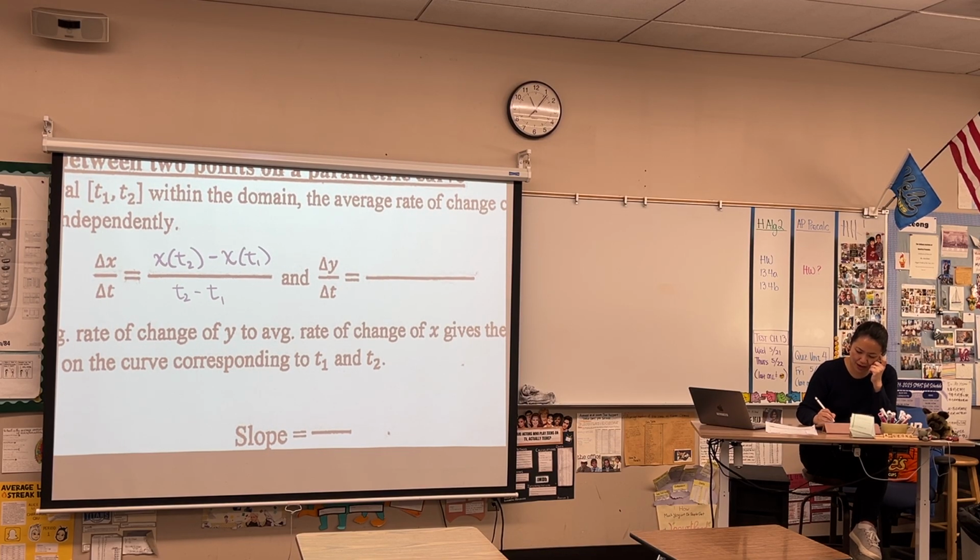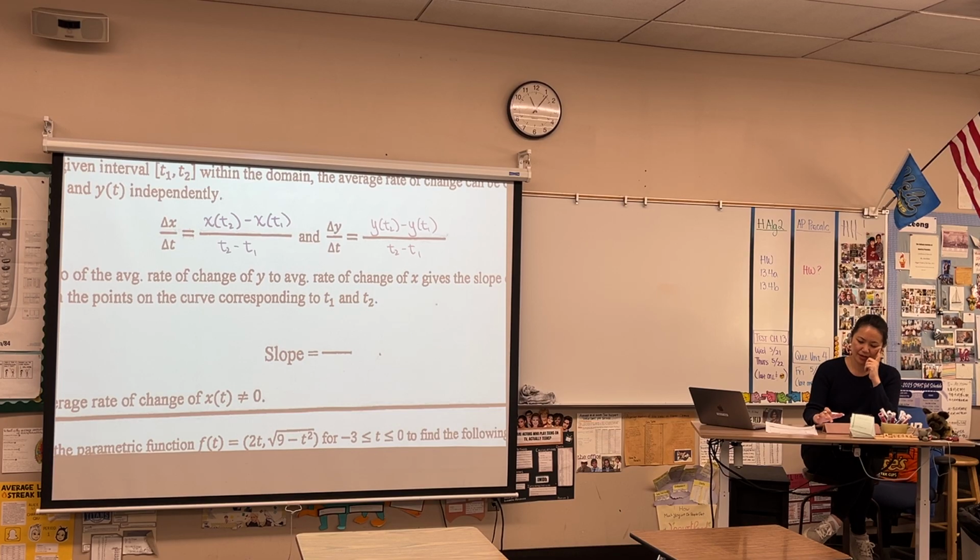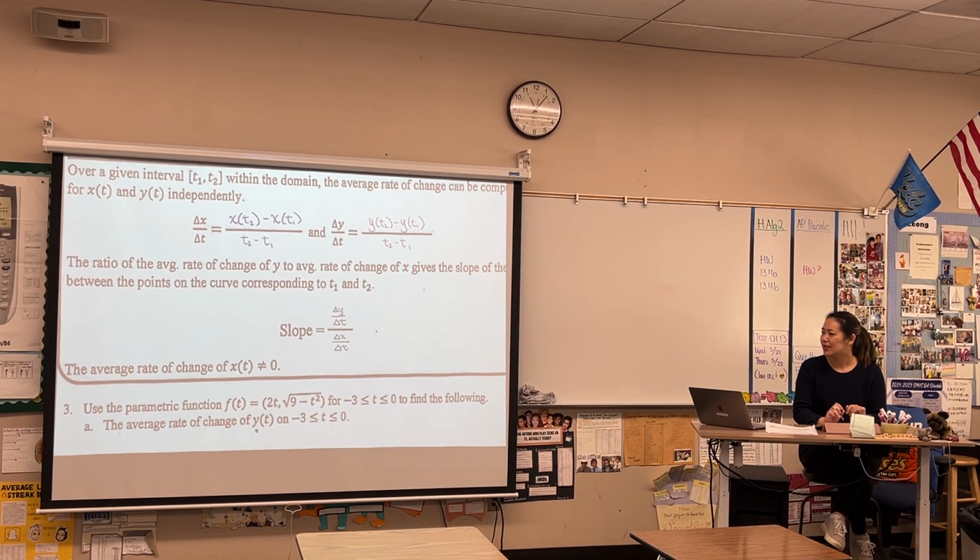And then y will be y of t sub 2 minus y of t sub 1 over t2 minus t1. And then your final slope is just gonna be the change of y over the change of t over the change of x over the change of t. Okay? A lot of times those changes of t will divide out.